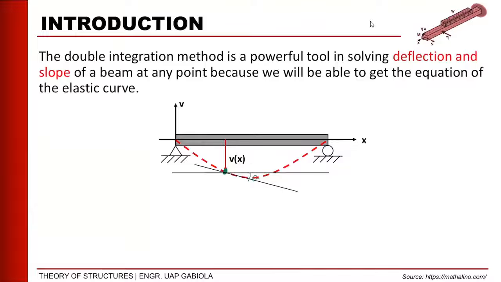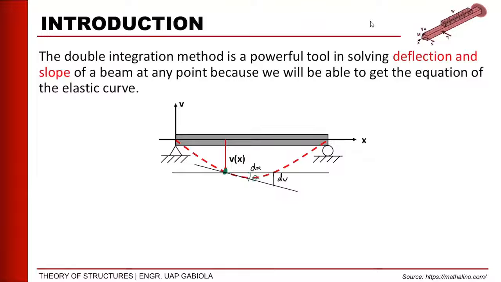Okay? And that theta can be represented by the change in our vertical measurement natin over sa ating horizontal measurement natin. So with this, we can know kung ano yung ating slope nung given elastic curve natin at a given point.